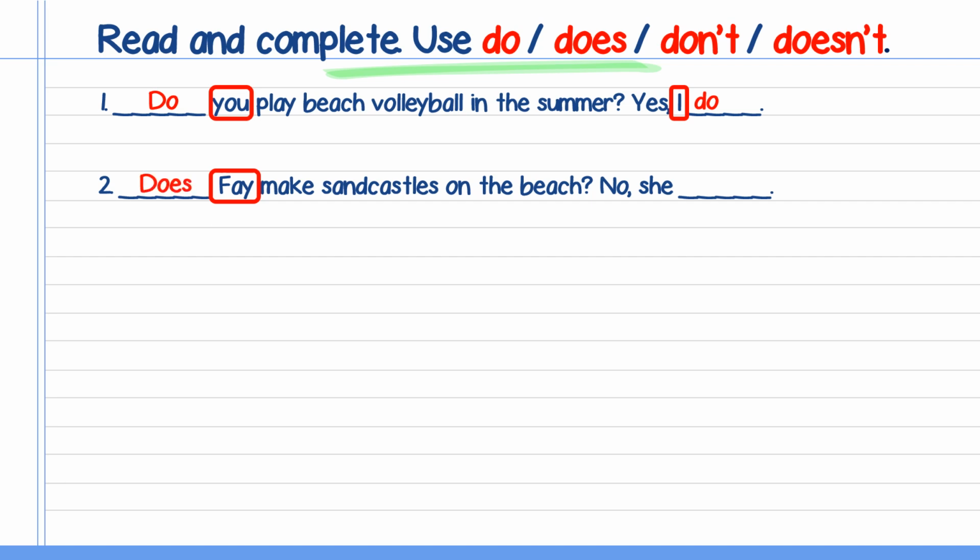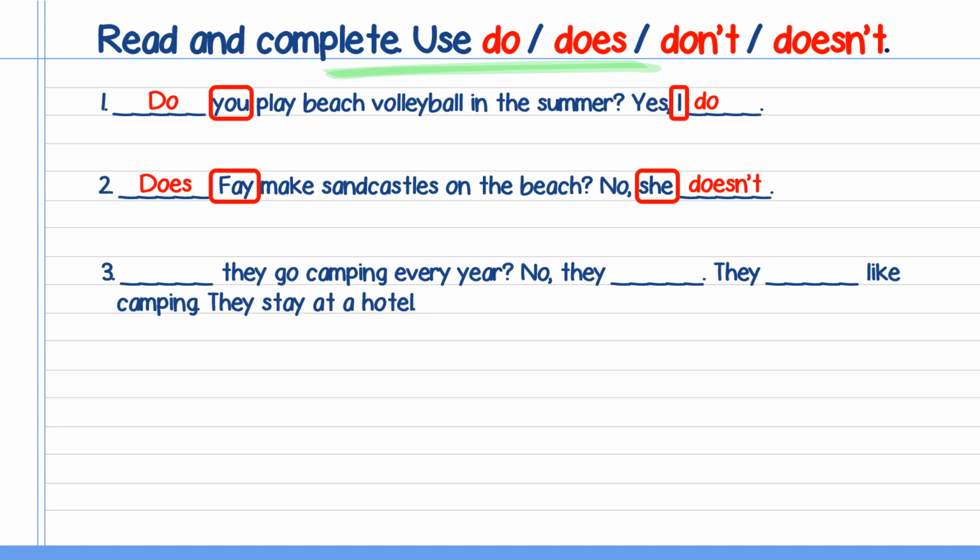Does Faye make sandcastles on the beach? The second keyword is she. And there's a word no. So you cannot say no, she does. But the answer is no, she doesn't.